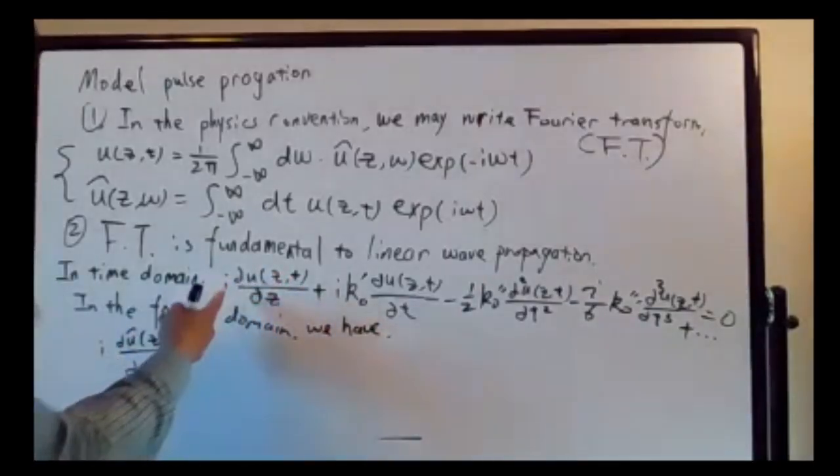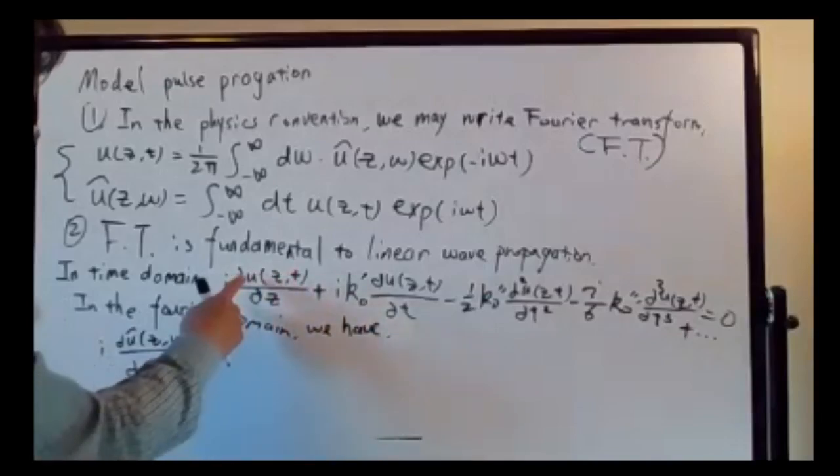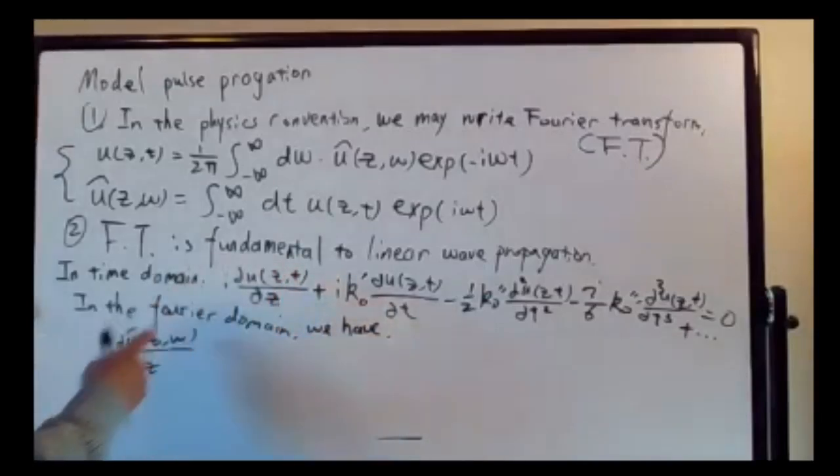Because if I take a Fourier transform of u(z,t), what I get is û(z,ω).